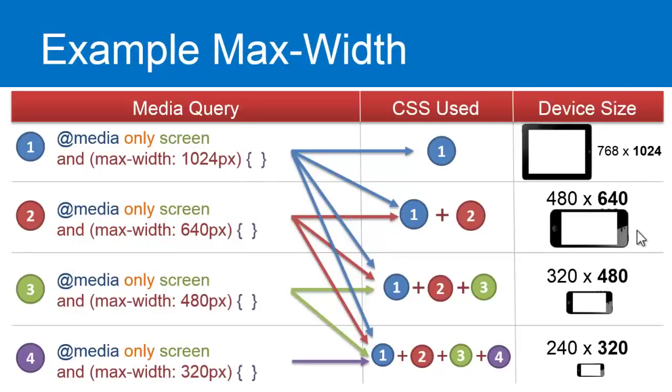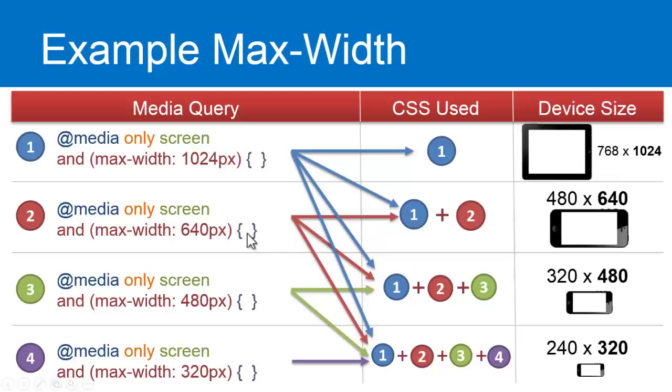So here's an example diagram that identifies what is really being called and referenced when you use max width as you get down from a large screen to a small screen. At first, when you're viewing a tablet or a larger website from a desktop, with a max width of 1024 pixels, this would be at the top of your style sheet. It's only reading the properties in this bracket, and that's the only thing it reads for that one larger screen.